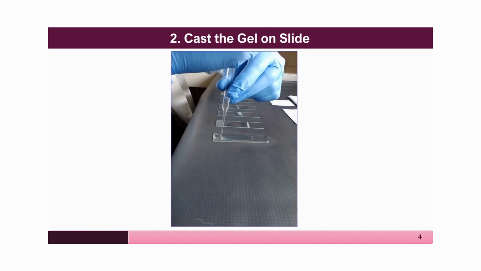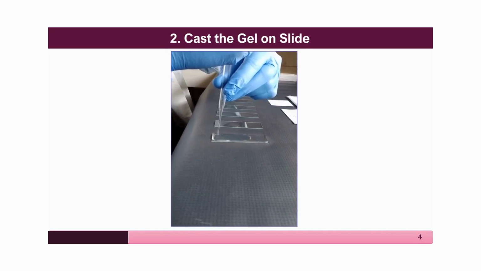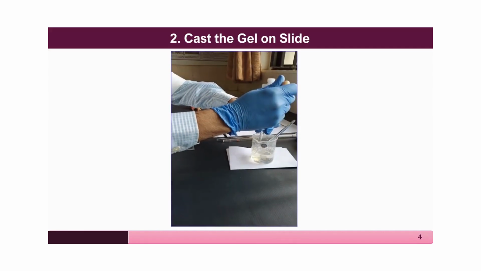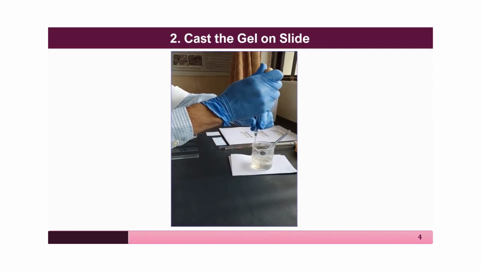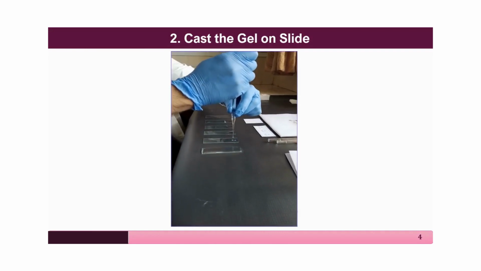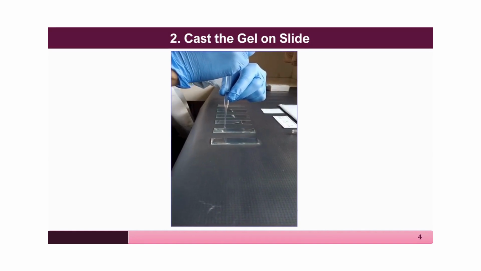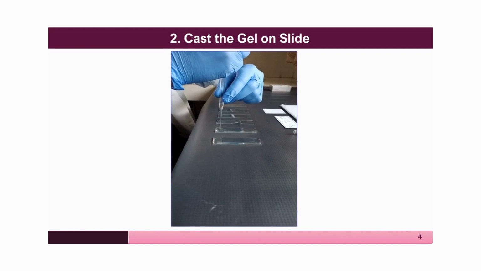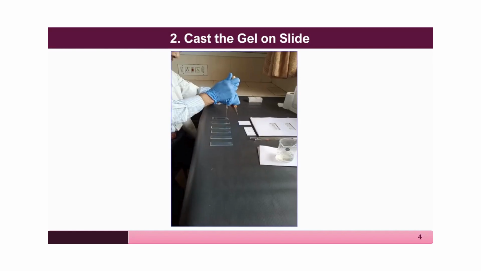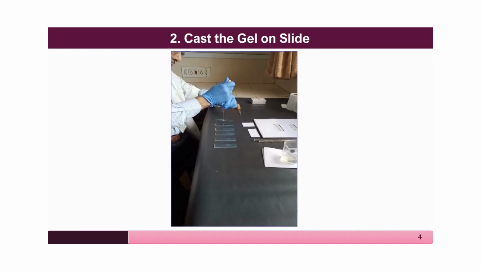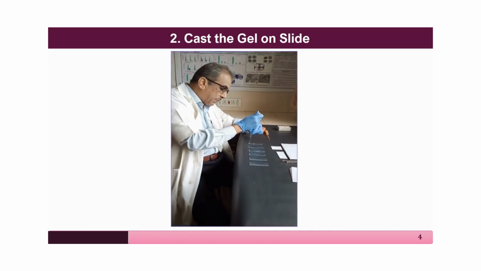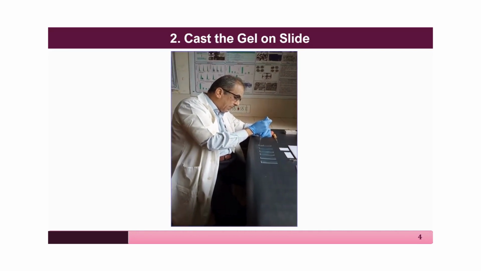By gently dropping and without disturbing the surface, and by keeping the slides on a perfectly horizontal surface, the agarose will form a uniform layer over the slide. And 3.5 ml of agarose on the slide will form a 3 millimeter thick gel once the agarose solidifies. The slides prepared in this manner are kept at laboratory temperature for 5 to 10 minutes until the agarose solidifies.